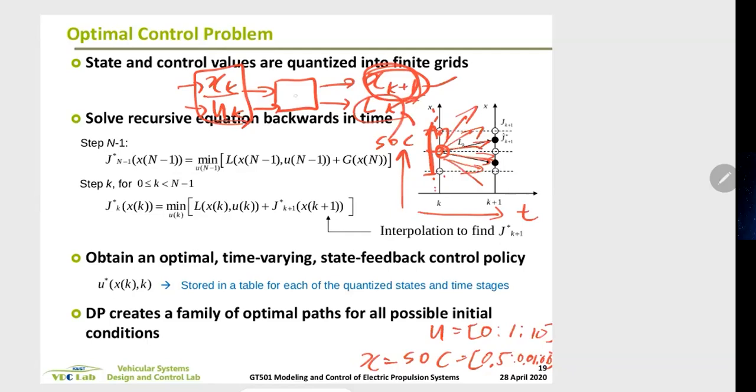U도 마찬가지로 똑같은 evenly spaced 된 그리드잖아요. 그러면 evenly spaced 된 U와 evenly spaced 된 X 그리드를 입력으로 놓고 쭉 시뮬레이션을 돌리면 그 XK 플러스 1, 이 떨어지는 지점이 여기 있겠죠, 쭉.